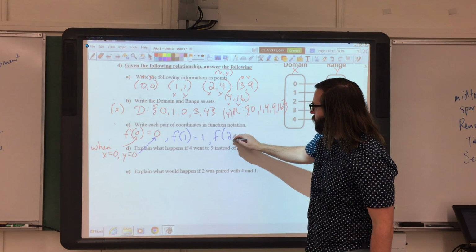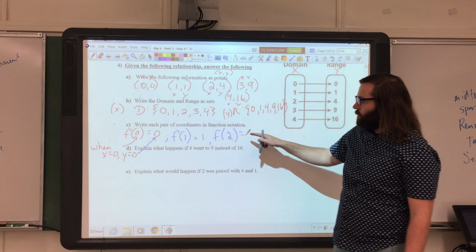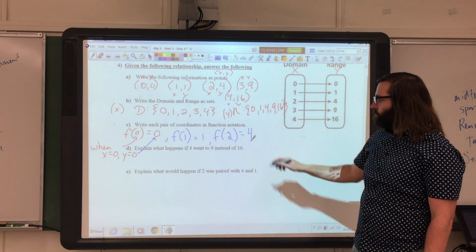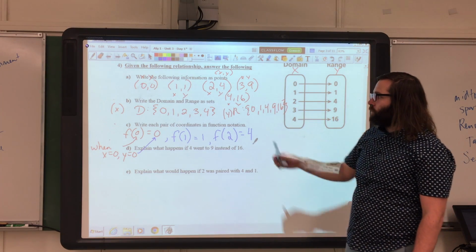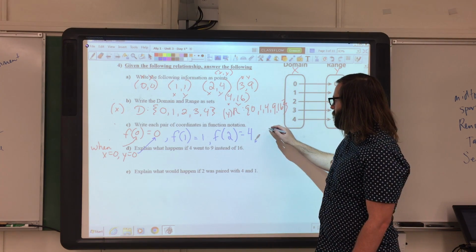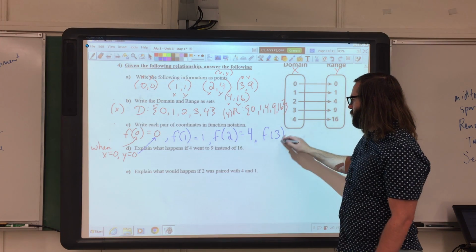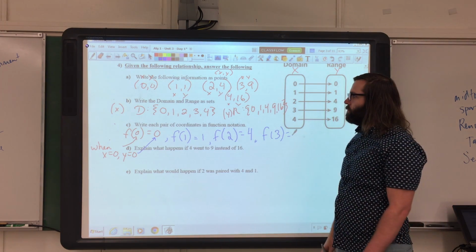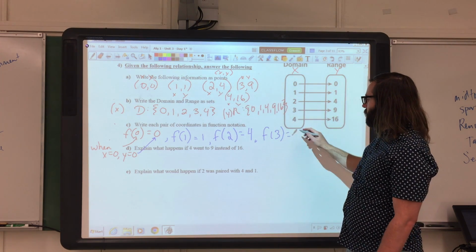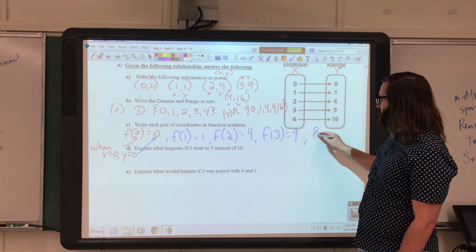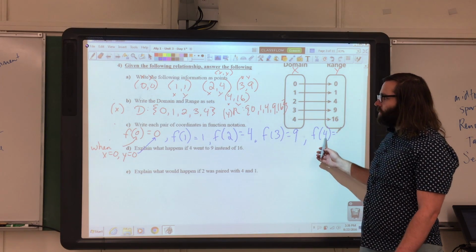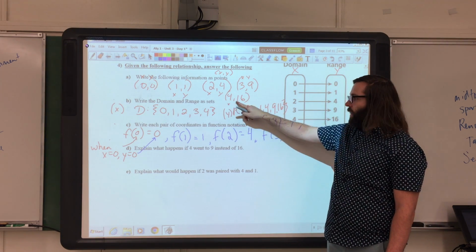When x equals 2, y equals 4. And we're just looking at our ordered pairs, our coordinates. When f equals 3, what does y equal? And we know, when x is 3, y is going to be 9. And finally, when x is 4, y is going to give you 16.